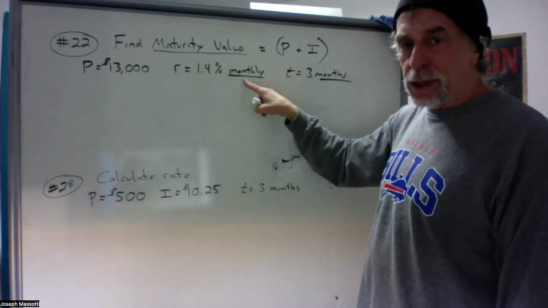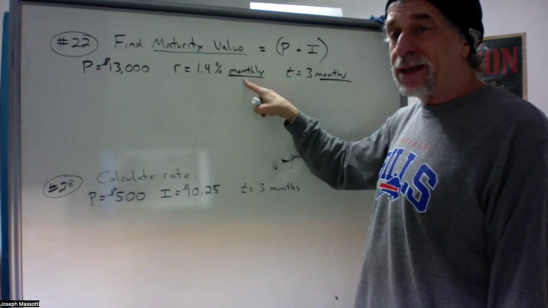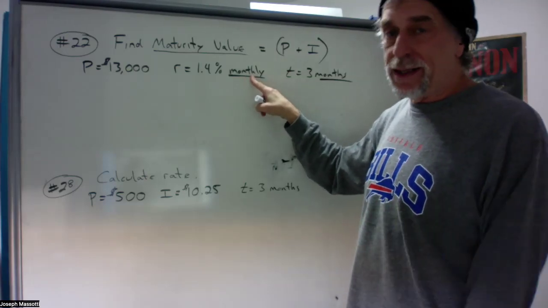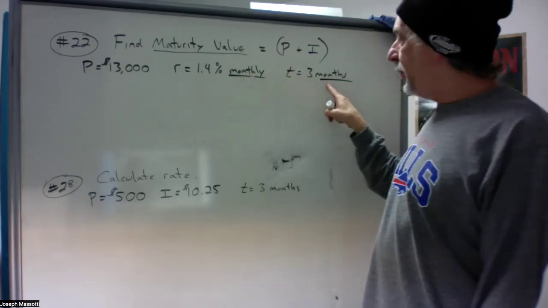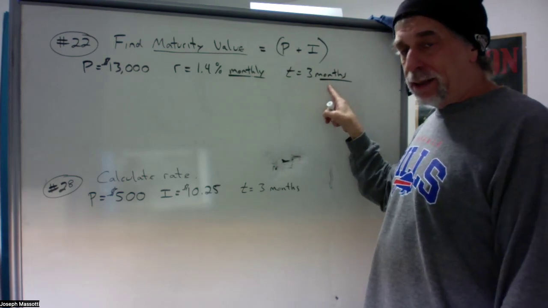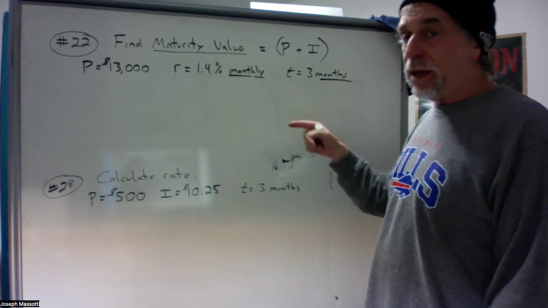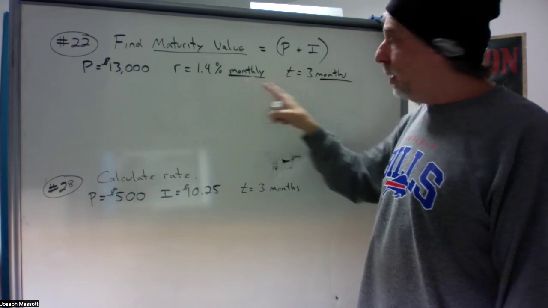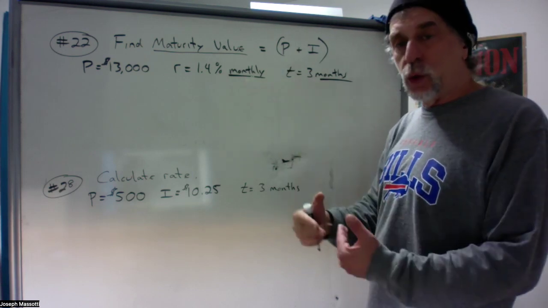This is the case I was talking about monthly. If it specifically says monthly, then the time is going to be in months, not in years. And here the time is 3 months. So our T here is 3, not 3 out of 12, like it would have been if the rate was annual, then 3 months would be 3 out of 12 months.